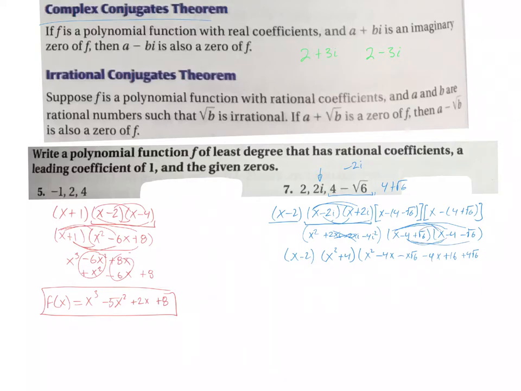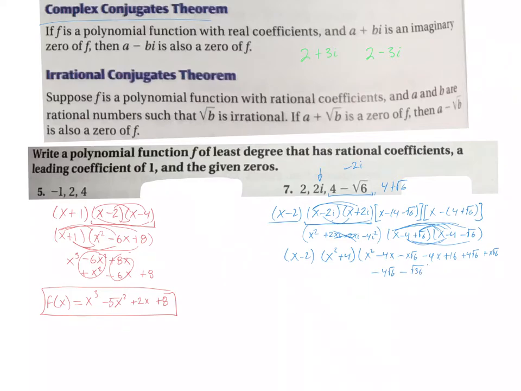And this one plus x root 6. This times this. I'll come down here. Minus 4 root 6. This times this. Minus square root of 6 times 6, which is 36.